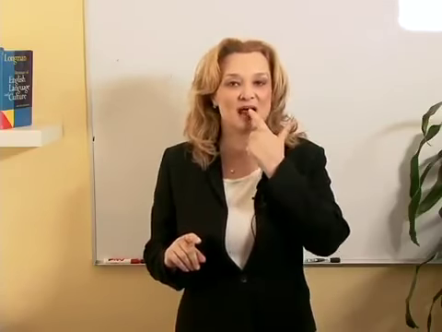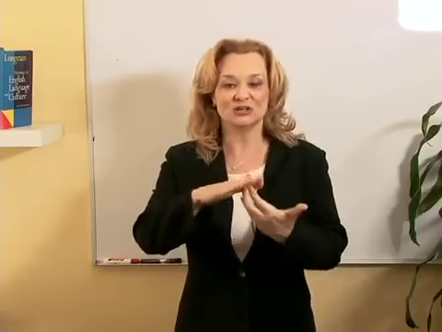So let's practice the American R. How do we make the American R? Well, what you have to remember is that the tip of the tongue should never touch the top behind your upper teeth. Don't say r, r, r. That's a foreign accent.